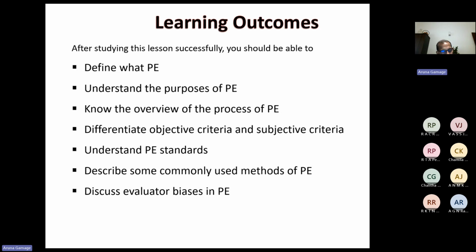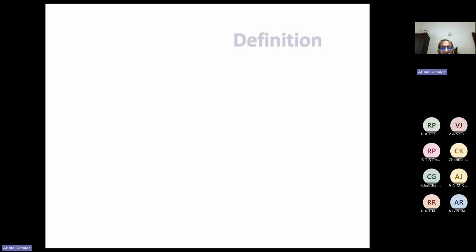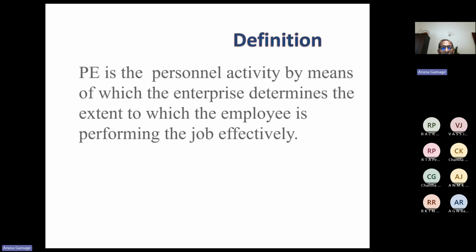It is a personal activity, a human resource management activity, by means of which the enterprise, the organization, the employer determines the extent to which an employee is performing the job effectively. That is how we define the term, right?